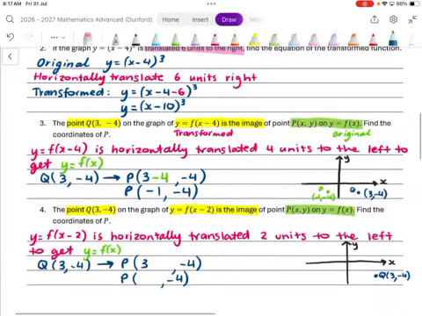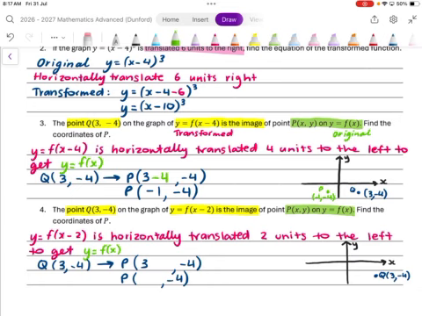Okay, I've quickly just written everything down. So y equals f of x minus 2 is horizontally translated 2 units to the left to get y equals f of x. So what we have is our point Q, and we're now moving it 2 units back to the left to get our original point.